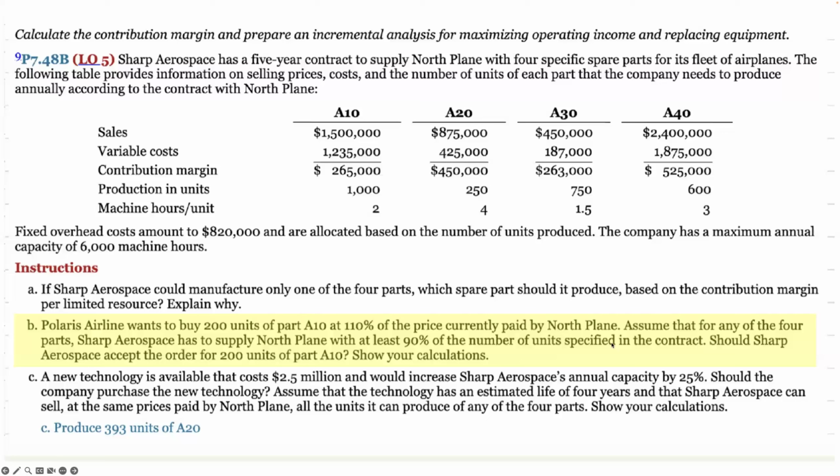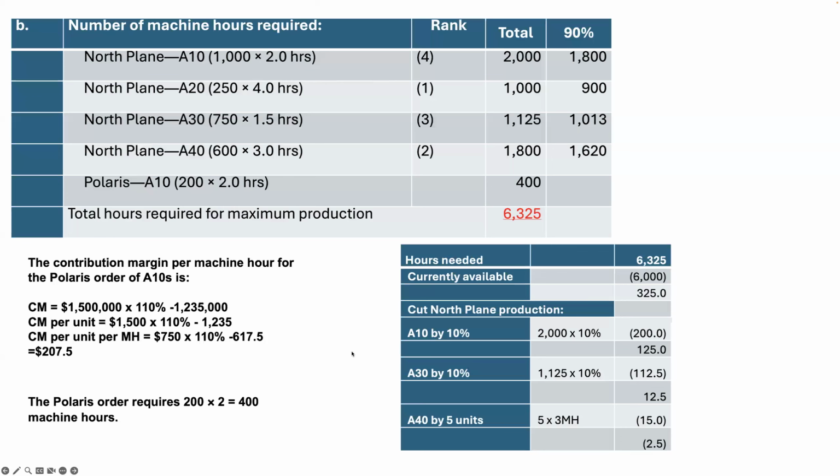Should Sharp, this company, accept the order for 200 units of parts A10? Show your calculations. So this is my calculation. First, I want to see if there is sufficient capacity, because my machine hours is a limited resource.